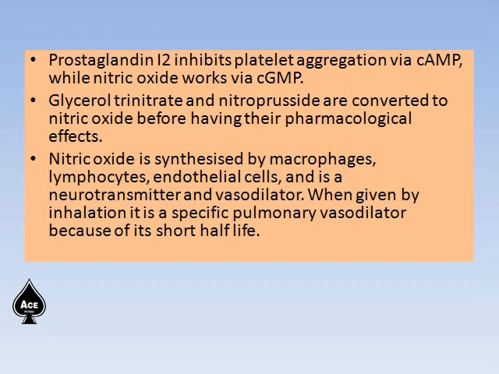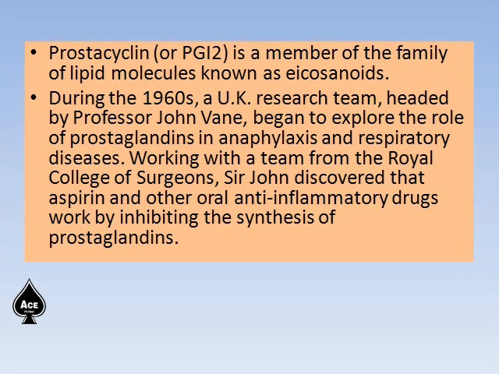When given by inhalation, it is a specific pulmonary vasodilator because of its short half-life. So there is a proposal, or rather study, to use it in the treatment of primary pulmonary hypertension. Sildenafil is one drug which can do this wonder.